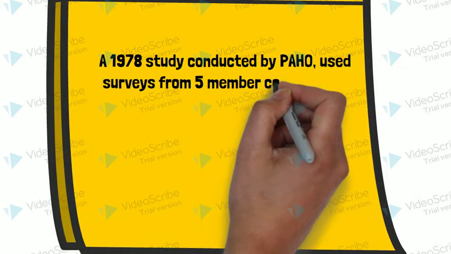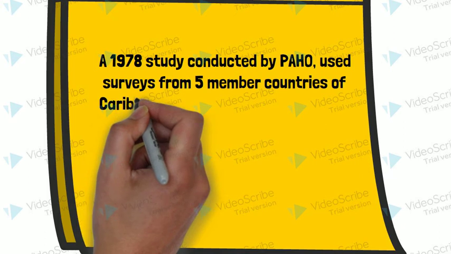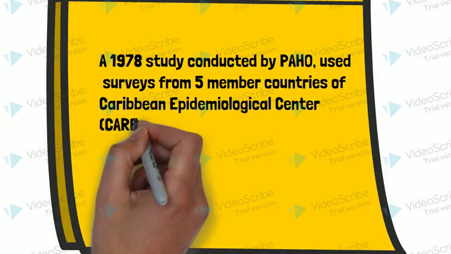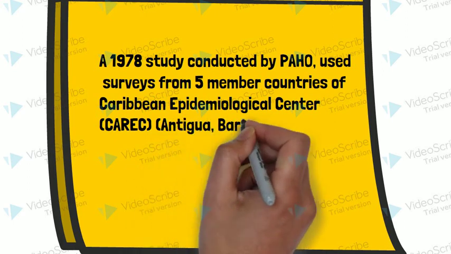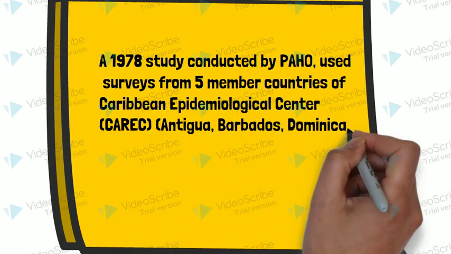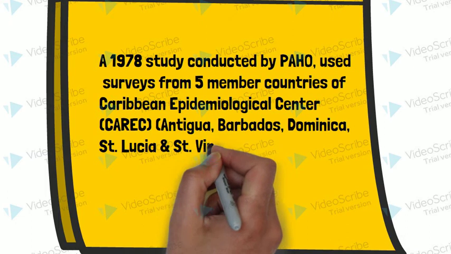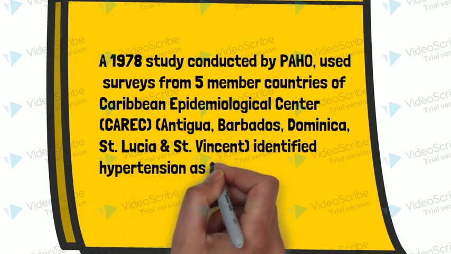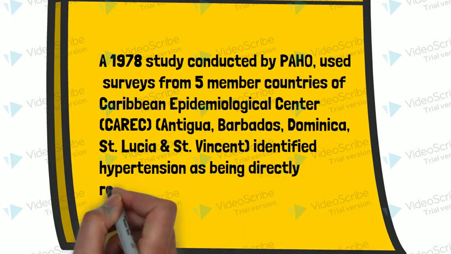The Pan American Health Organization conducted country-specific surveys using 5 Caribbean countries in 1978. These were Antigua, Barbados, Dominica, St. Lucia, and St. Vincent. And among these populations, hypertension accounted for 6% of their total deaths.